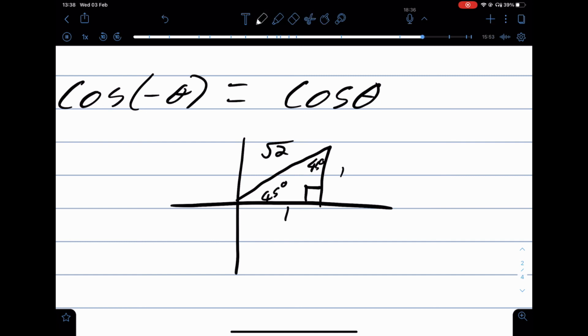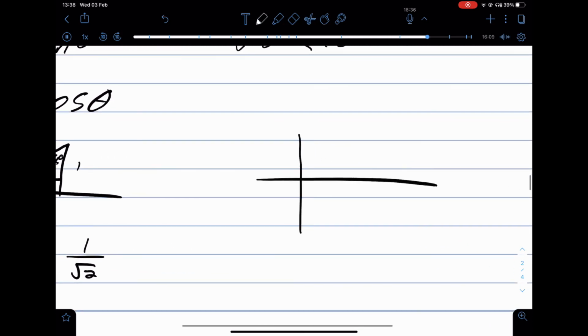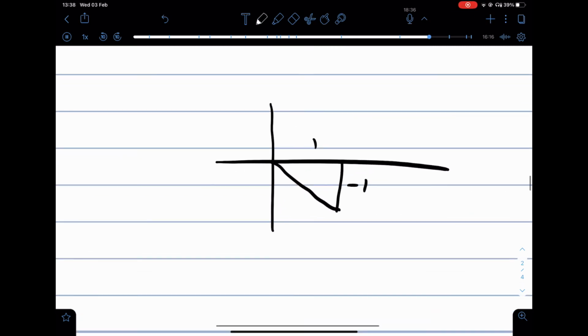We can see that cos 45 degrees is going to be 1 over root 2 because it's the adjacent over the hypotenuse. Now, if we do the same thing for the fourth quadrant, we have 1, but notice that this will be negative 1.